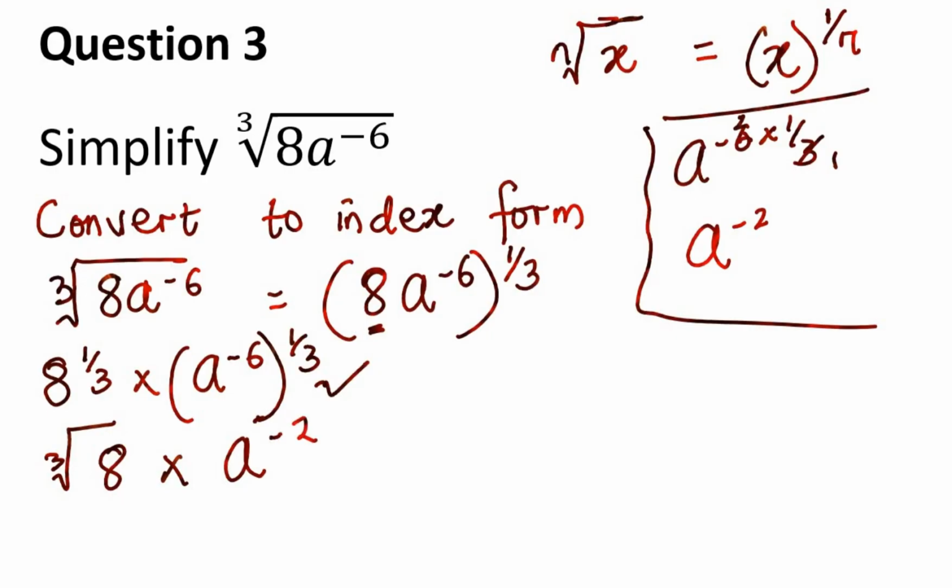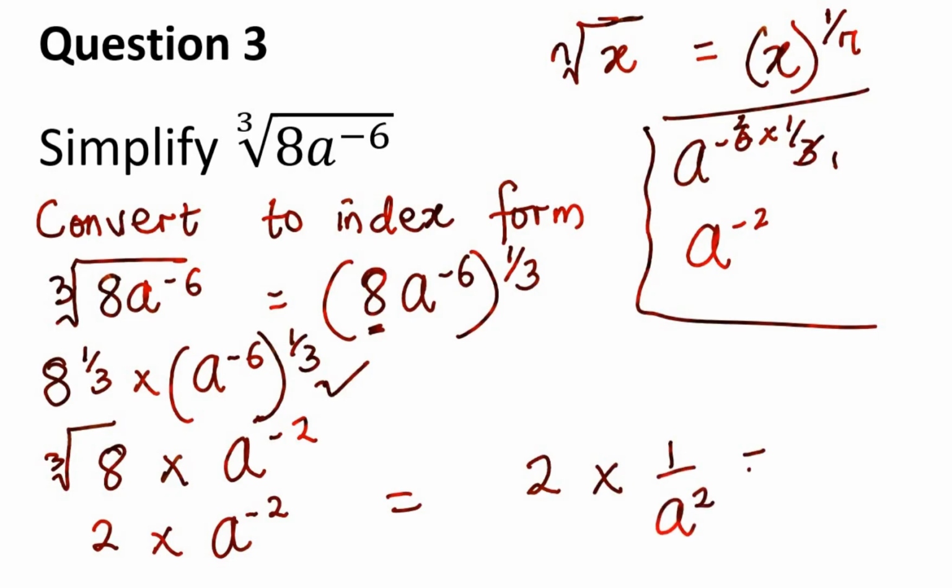The cube root of 8 is 2, because 2 times 2 times 2 in 3 places is 8. So my final answer is 2 times a to the negative 2. Using the law of indices, a to the negative 2 is the same as 1 over a squared. 2 times 1 is 2, so the answer is 2 over a squared.